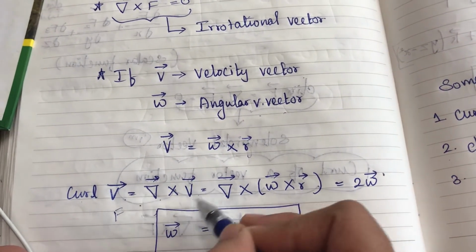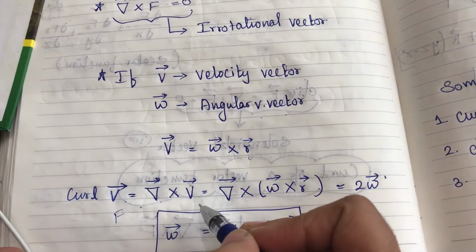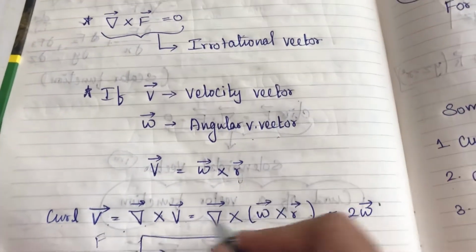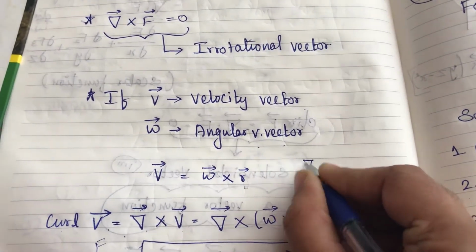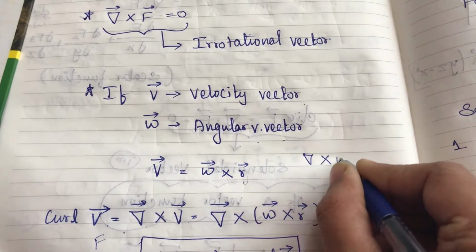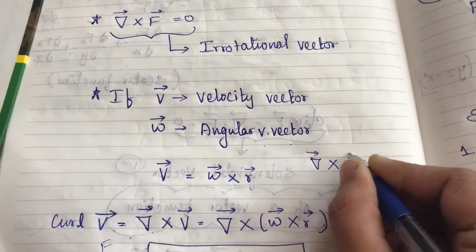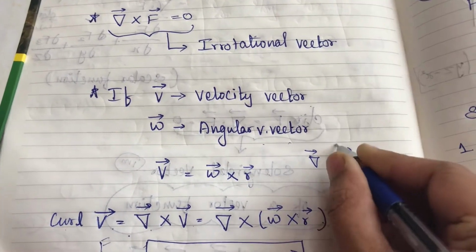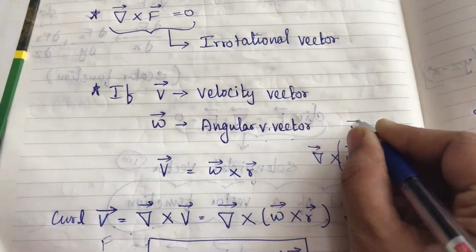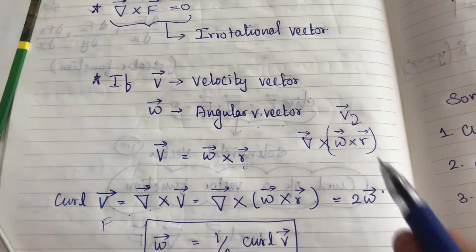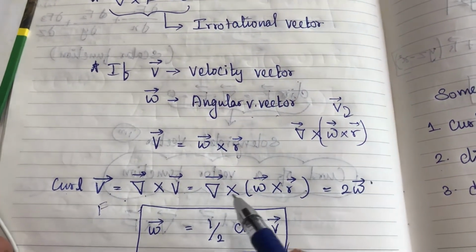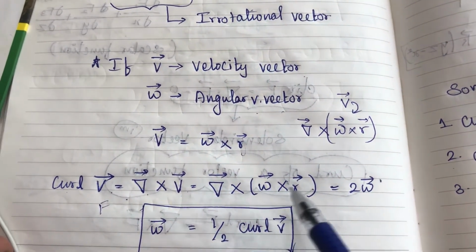So this is like del cross omega cross r, because v is equal to omega cross r.